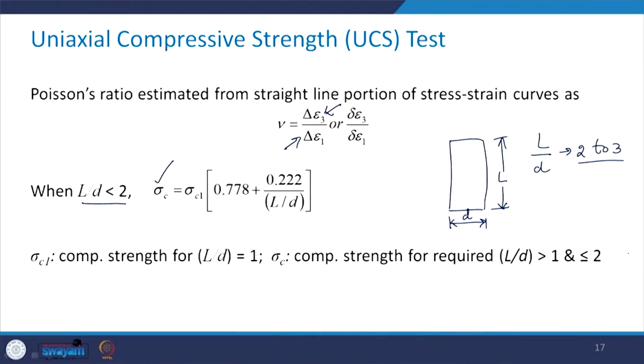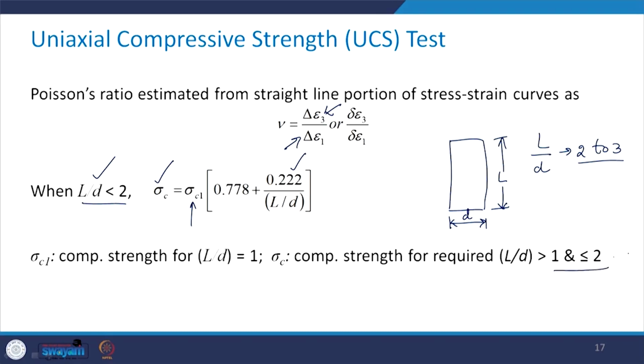You see, sigma C, in case you have L by D less than 2, then this sigma C, that is the compressive strength, is equal to sigma C1, which is the compressive strength for L by D equal to 1, multiplied by 0.778 plus this factor 0.222 divided by L by D. We are saying that L by D should be less than 2, but the requirement is that this should lie between 1 and 2.